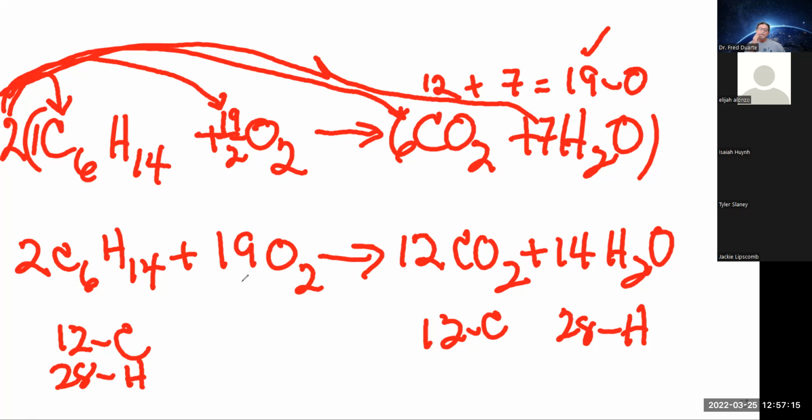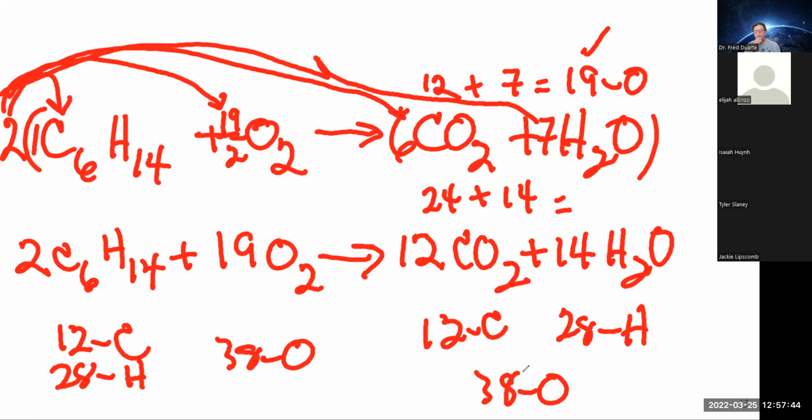What's 19 times 2? Isn't that 38? 38 oxygens on the left side. Now on the right side, I got 24 oxygens coming from carbon dioxide, plus 14 coming from the water. Isn't that 38 oxygens? So everybody checks off, and we have a balanced chemical equation.